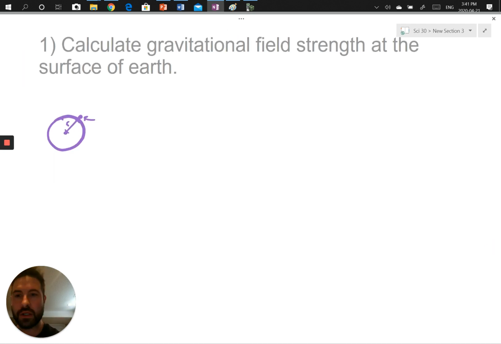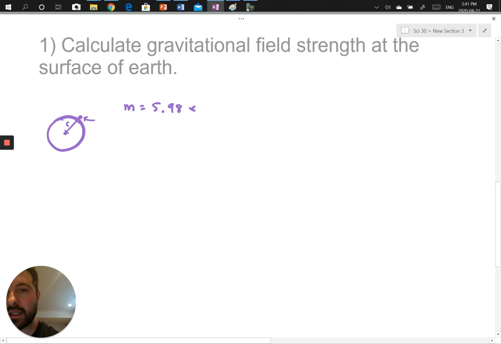Okay, so I have the mass of Earth, which is 5.98 times 10 to the 24 kilograms. Yes, Earth is big. I have the radius of Earth, or the separation distance between the center of the Earth and where I want to measure the field strength. And that is 6.37 times 10 to the 6 meters.